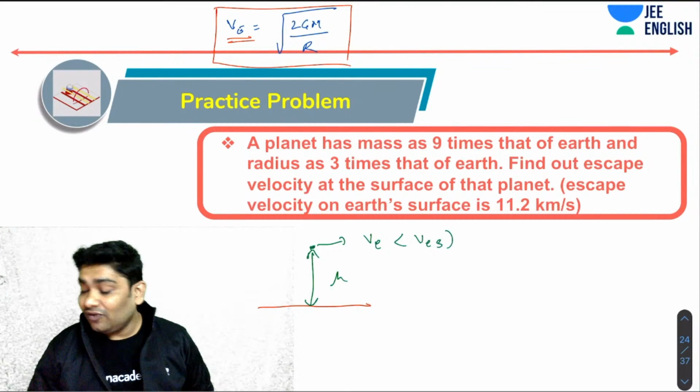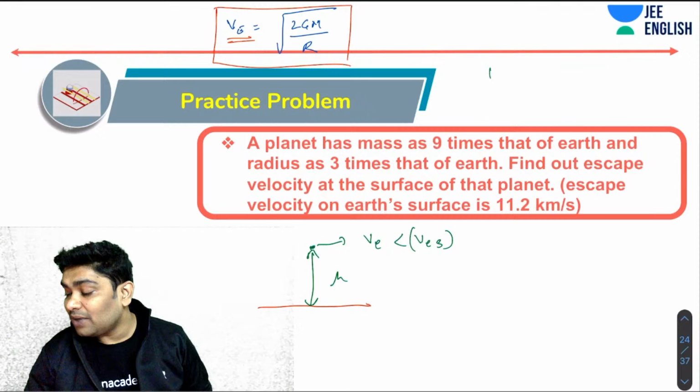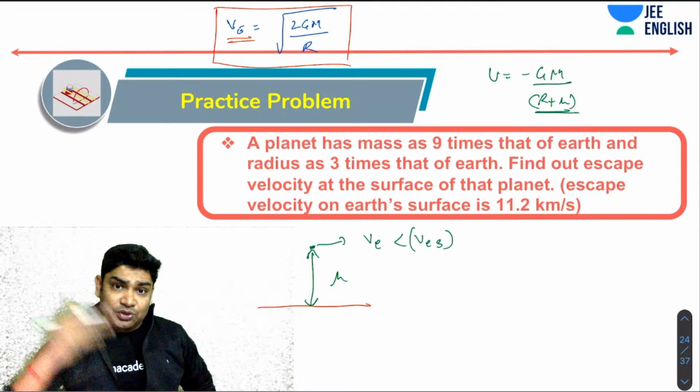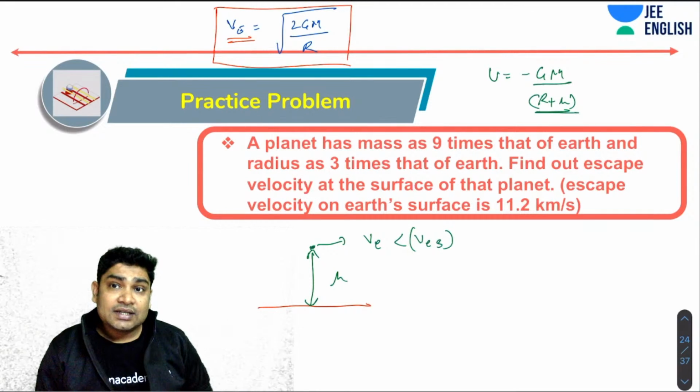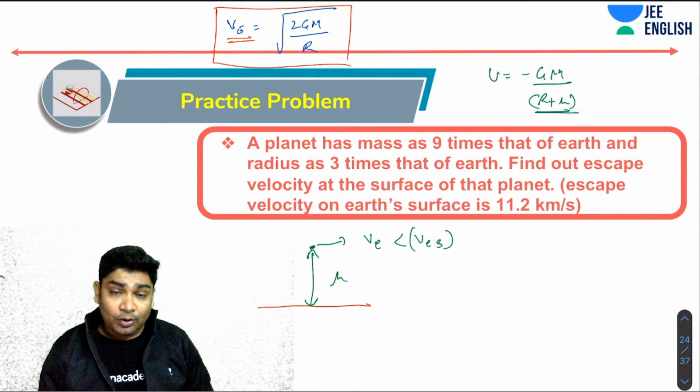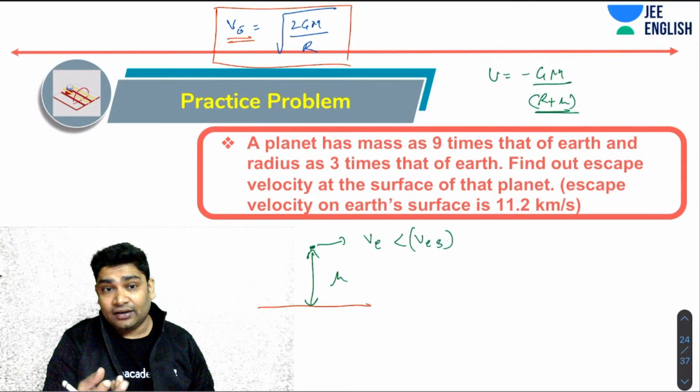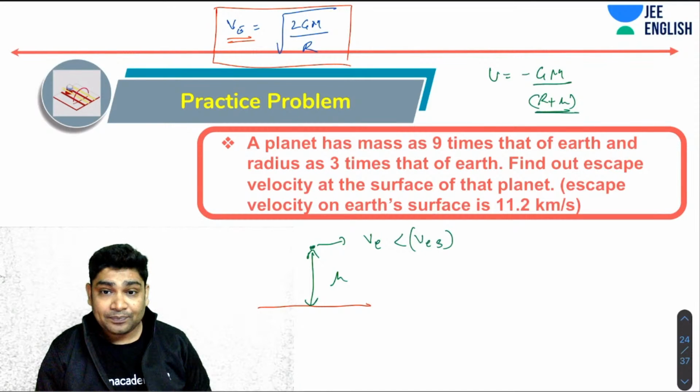Why? Your potential energy is minus GM over r plus h. So you realize the negative potential energy is already reducing as you go higher and higher. Since the negative potential energy is reducing, you now need less energy to be given to the object, right?